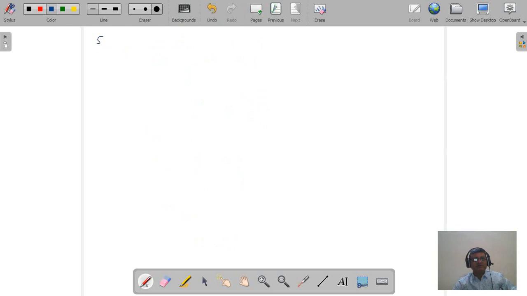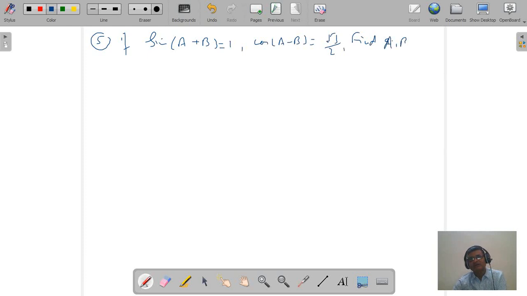Now we are moving to next question. If sin of a plus b is equal to 1 and cos of a minus b is equal to root 3 by 2, then find a and b. How to find them?